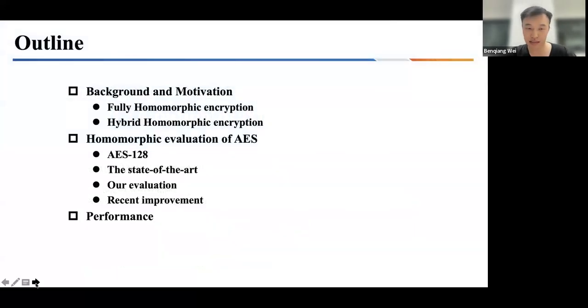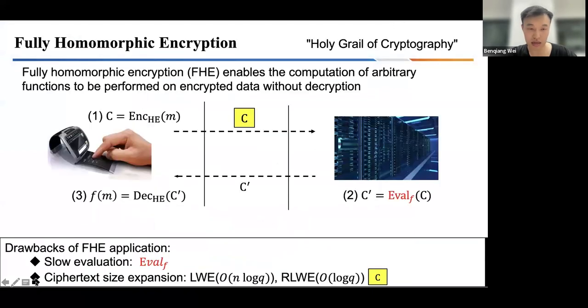My presentation is divided into these three parts. First, I want to show a little background about homomorphic encryption. Homomorphic encryption is a very powerful technique to protect privacy because it can evaluate arbitrary functions on encrypted data without decryption.